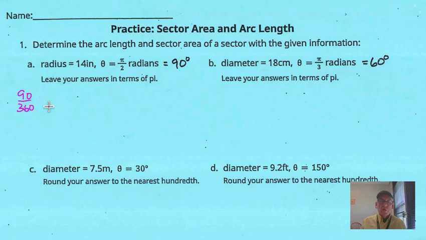We'll do arc length in this one, times the circumference, which is 2 times pi times the radius, and that's going to give us the length of arc. Now if we're going to be doing the area, we have 90 over 360 times pi times r squared to find the area.